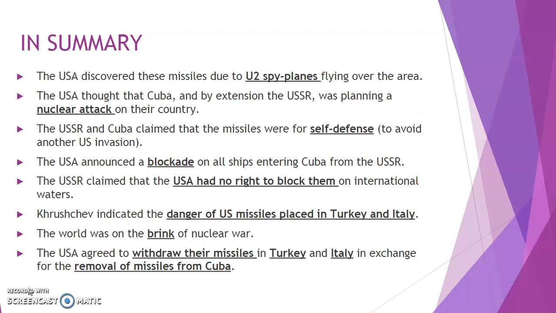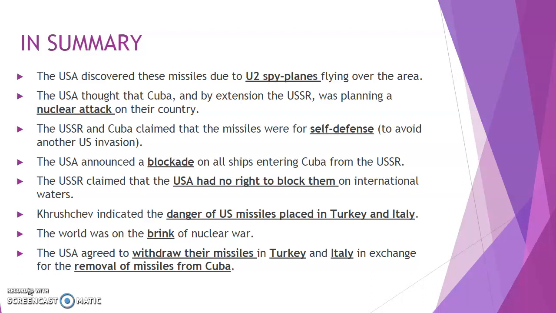The USSR and Cuba claimed that the missiles were for self-defense to avoid another US invasion. The USA announced a blockade on all ships entering Cuba from the USSR. The USSR claimed that the USA had no right to block them on international waters. Khrushchev indicated the danger of the US missiles placed in Turkey and Italy.